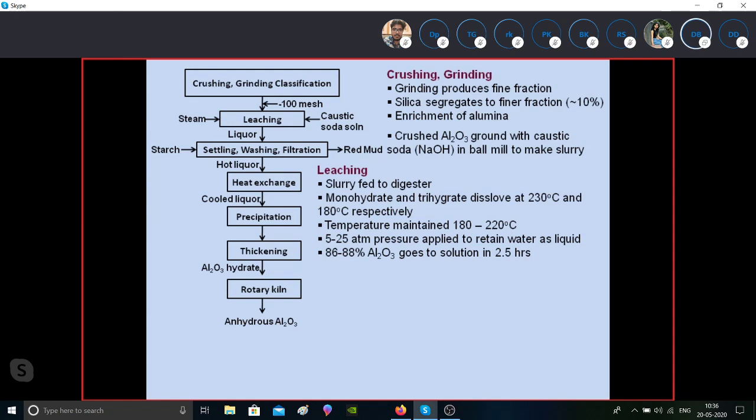To bring alumina into solution, my first requirement is a somewhat high temperature. What is the temperature?